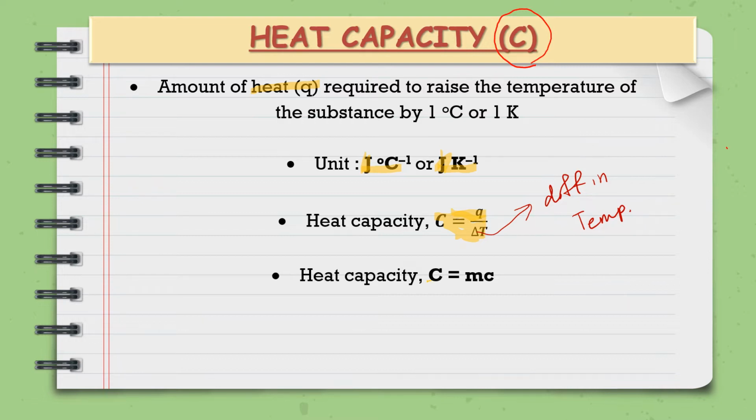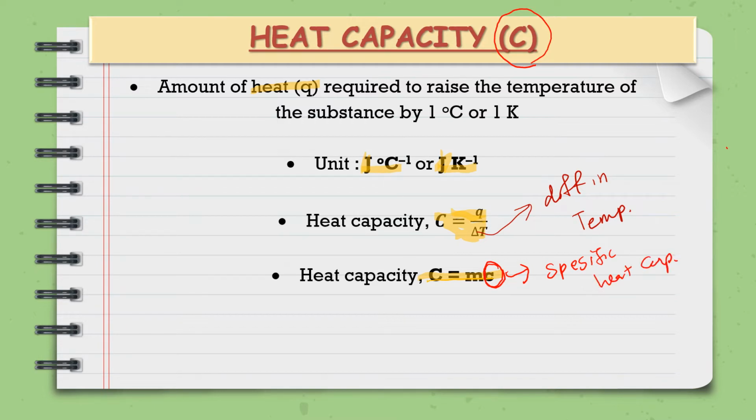So heat capacity from the equation is C equals the mass of the substance times its specific heat capacity. So this is what I meant by you need to make sure that you use the correct alphabet. Okay, the small c here is for specific heat capacity.